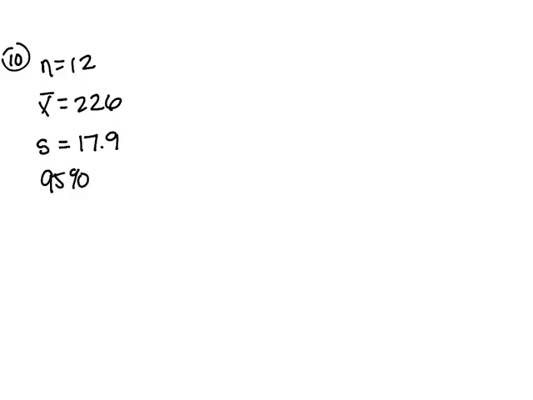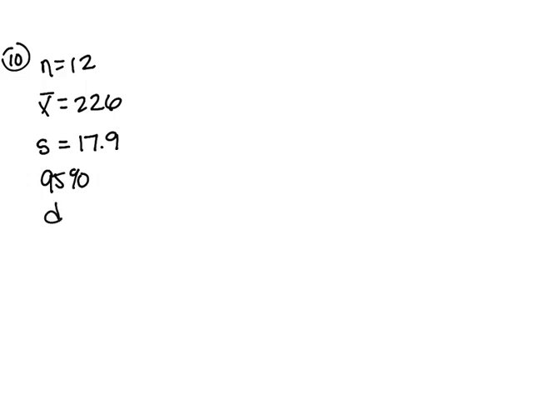10. A laboratory tested 12 chicken eggs, so n is 12, and they found the mean cholesterol to be 226 milligrams. And do you see that's little s? So that means sample standard deviation is 17.9. Construct a 95% confidence interval for the mean cholesterol content of all eggs.